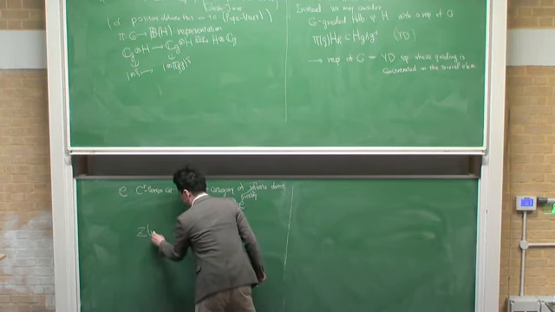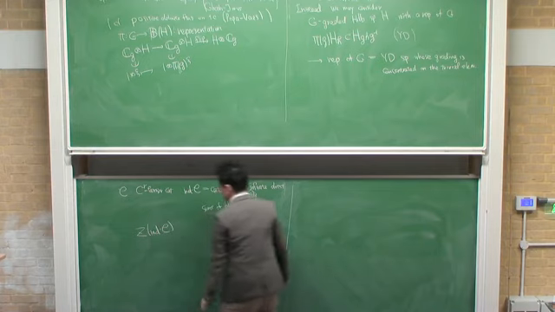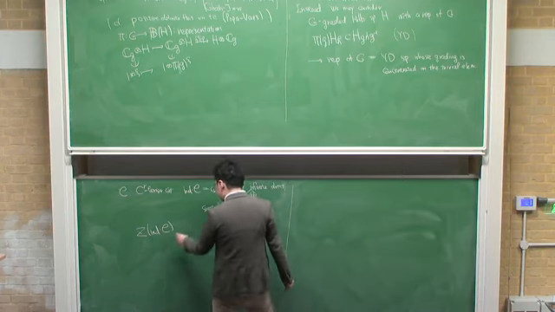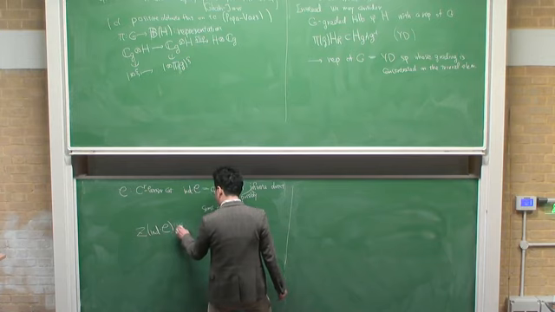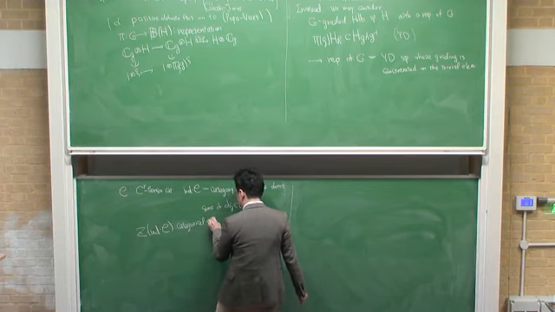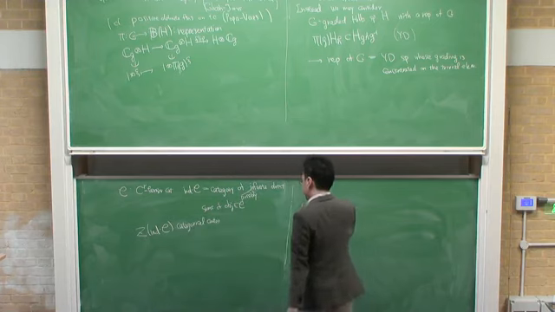And then what we consider is the so-called Drinfeld center, or categorical center, of this category, which is defined in this way.